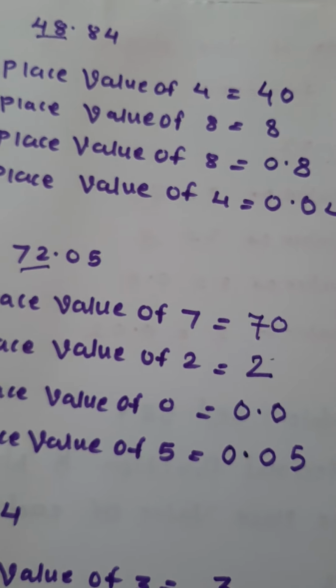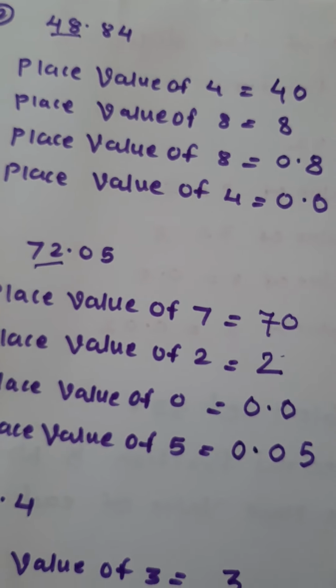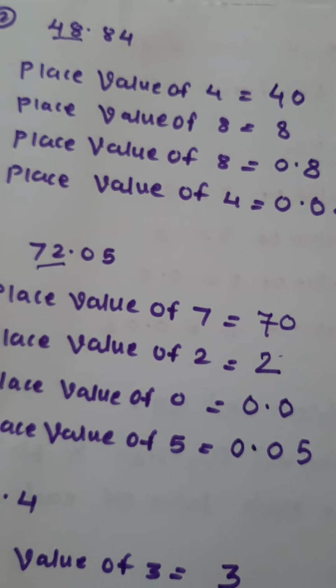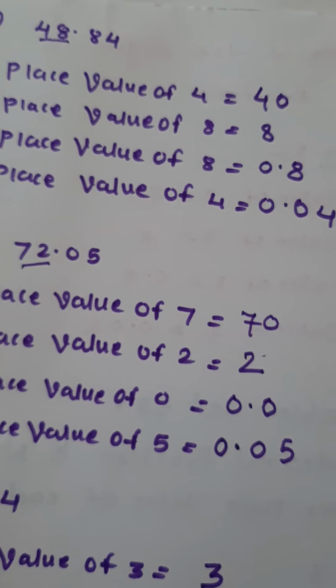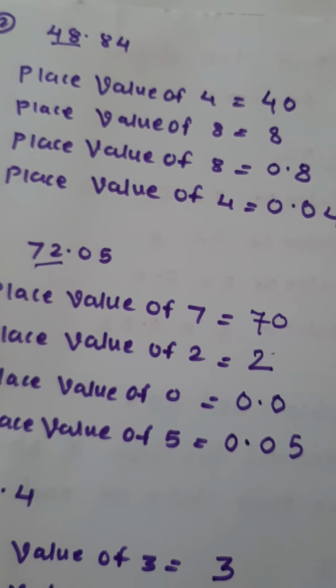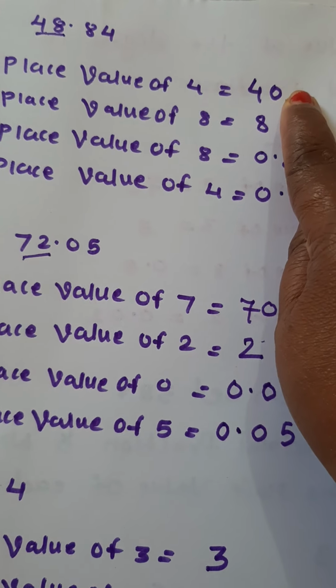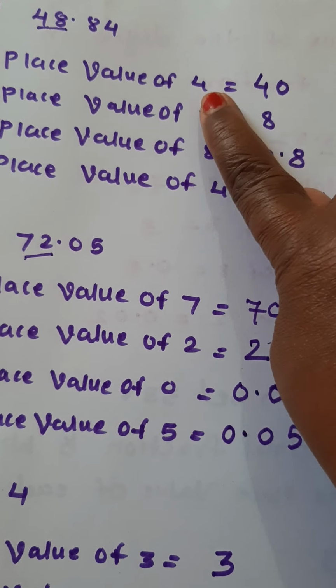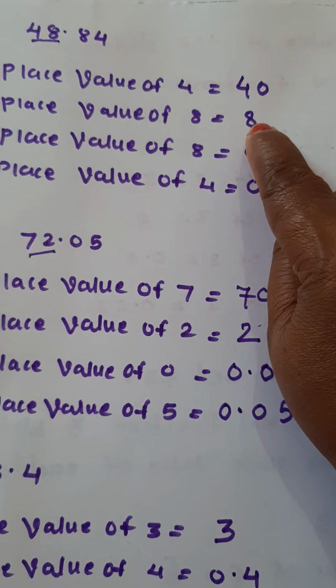Now let's see the second example, 48.84. Before point 2 digits, means unit and tens place, and after point tenths and hundredths place. So place value of 4 is 40 as it is present at tens place. Place value of 8 is 8 only because it is present at unit place.